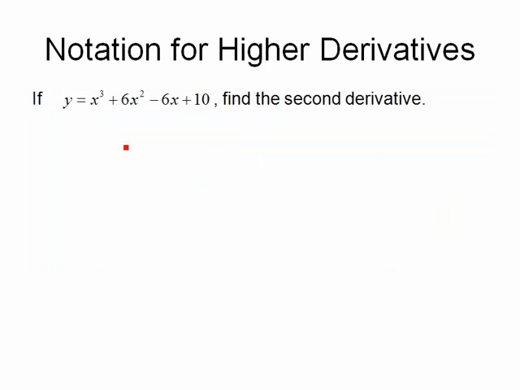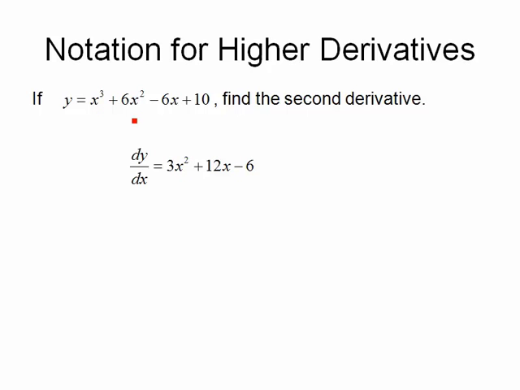If y is equal to x cubed plus 6x squared minus 6x plus 10, let's go ahead and find the second derivative. Whenever we need to find a second derivative, we first have to find the first derivative and then take its derivative. So when we take the first derivative, dy dx, the derivative of x cubed is 3x squared.